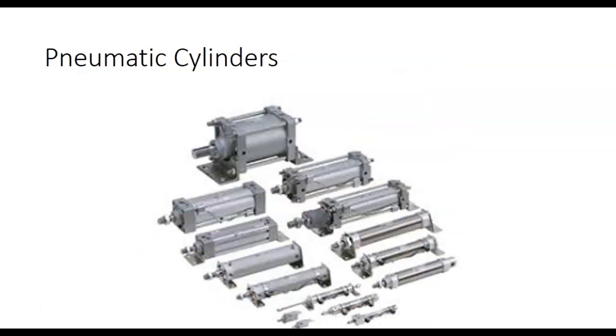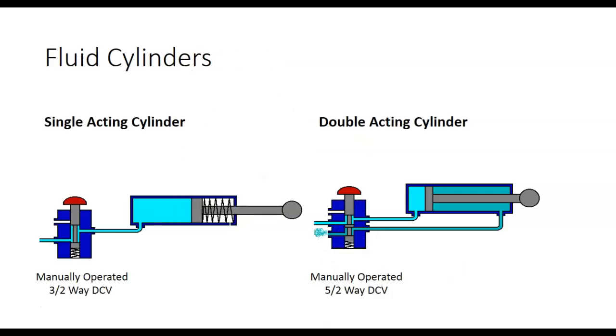Cylinders are given that name even though they might be square in shape. The actual unit that the piston moves in is going to be round. We like squares; they're easy to put together, and also it's easier to mount stuff on, especially sensors. So we have two types of pistons or cylinders.